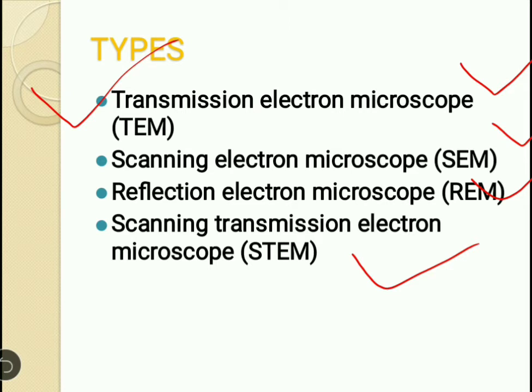Transmission electron microscope means the electrons will be transmitted through the specimen. The second type is the scanning microscope, where electrons are projected on the specimen and whatever reflections there are can be observed on the screen. Then reflection is again a similar procedure. Combining the transmission and scanning microscopes, the fourth type has been developed.